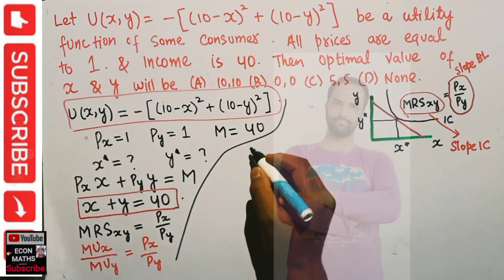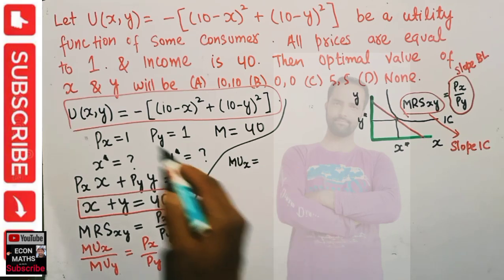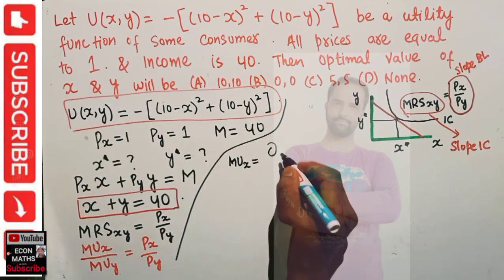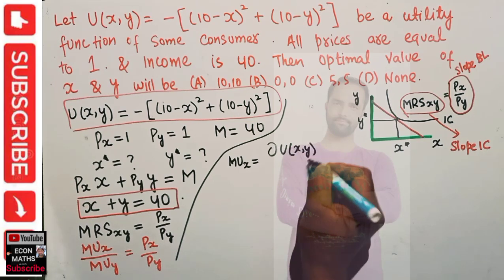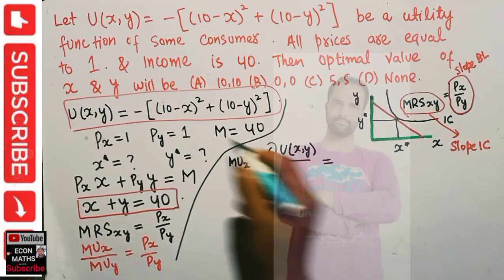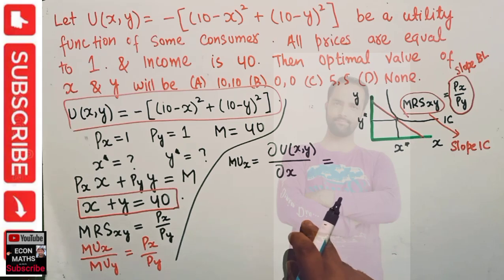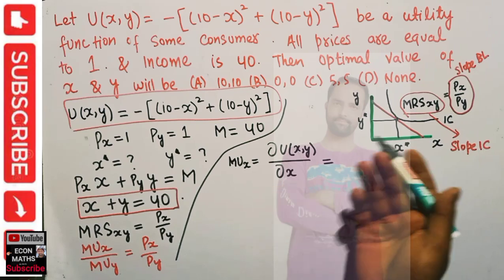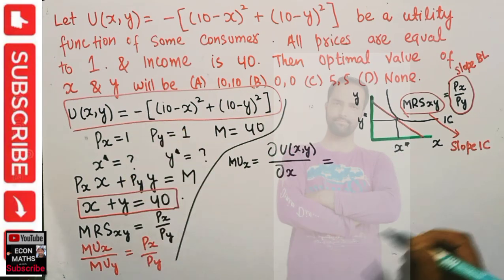So marginal utility of x means we need to take the partial derivative of our utility function, u(x, y), with respect to x. Let me take the derivative here.